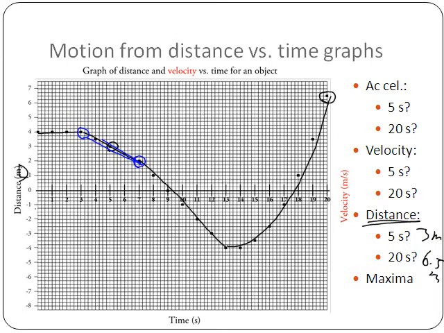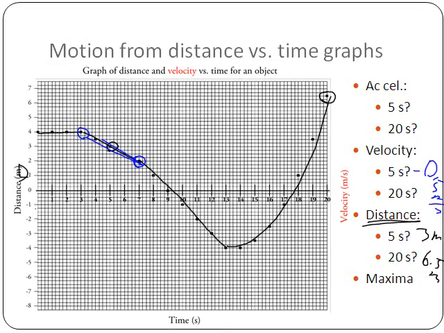And so the rise was negative 2 because it went from 4 to 2. The run, from 3 seconds to 7 seconds, is 4. So we'd say negative 2 divided by 4, and we end up with negative 1/2. And so the velocity at 5 seconds is negative 0.5 meters per second.